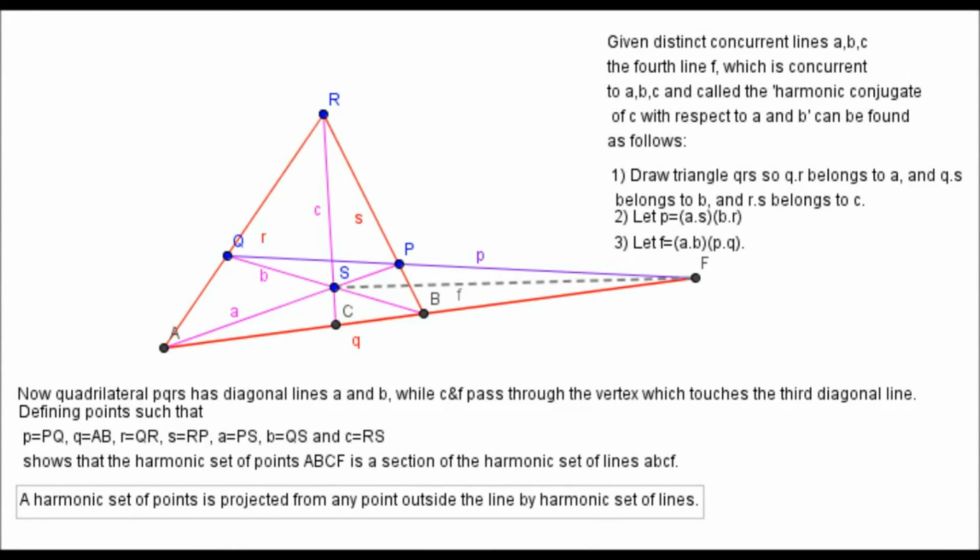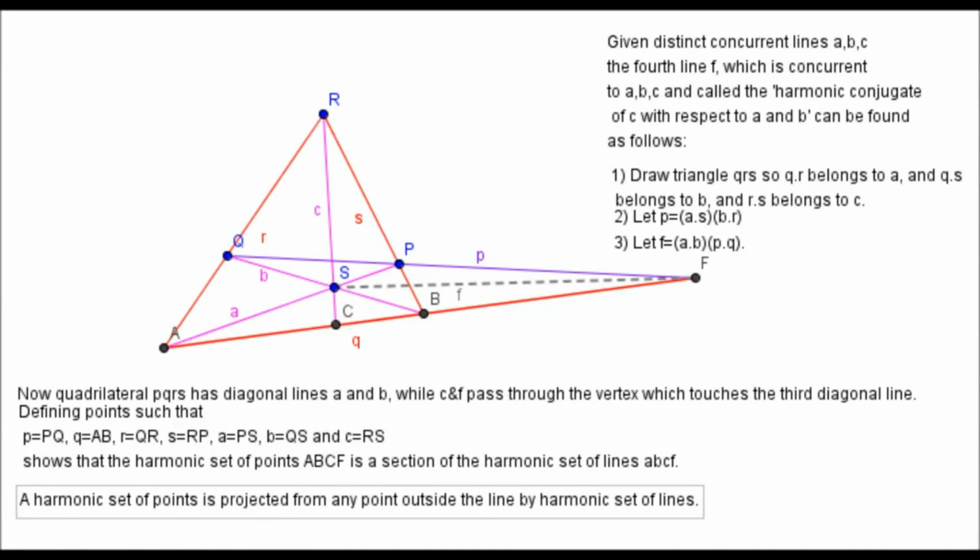then if you look at how those lines project onto that line L, in other words, how L sections off those lines, that's going to induce a harmonic set of points on this line L. So projecting out, we find that the harmonic lines project to harmonic points.